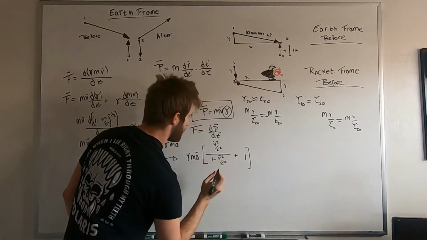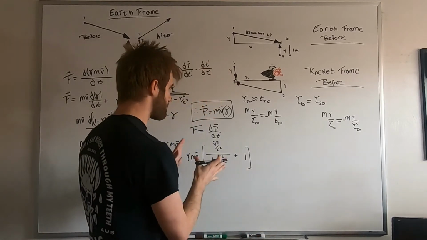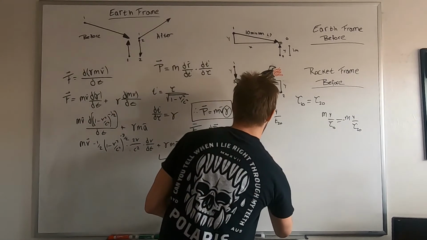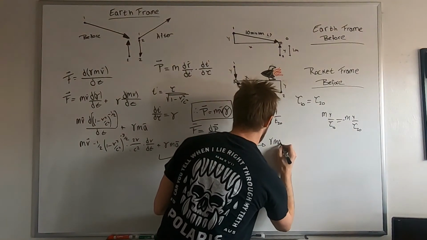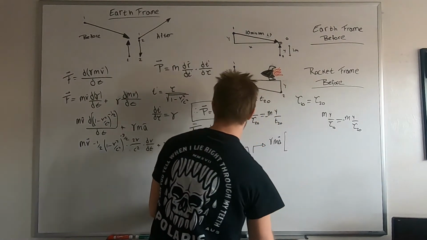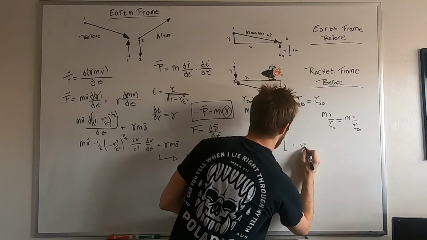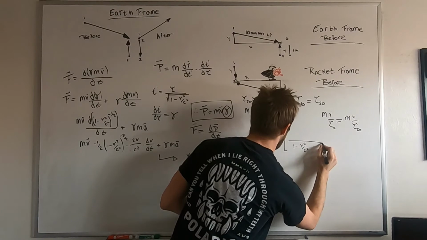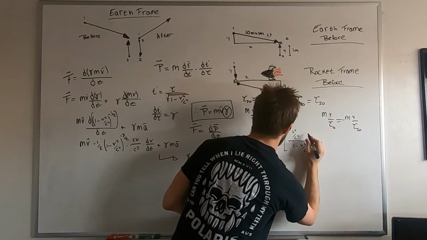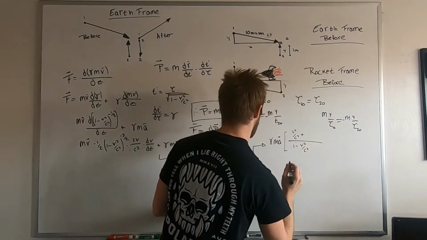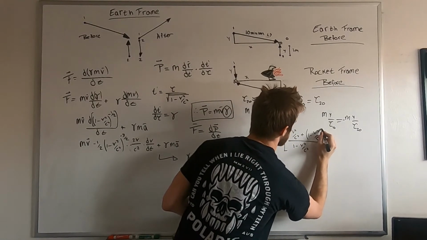There's a vector here. Now we just have to find a common denominator and add these together. So what we have here is gamma ma, where we have 1 minus v squared over c squared, and we have v squared over c squared plus 1 minus v squared over c squared.